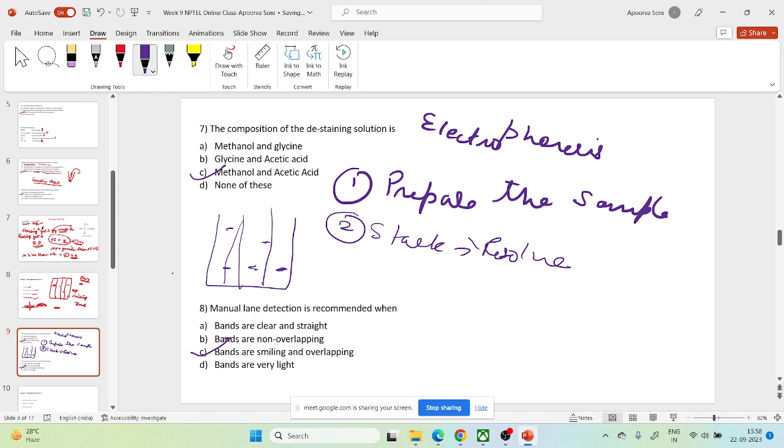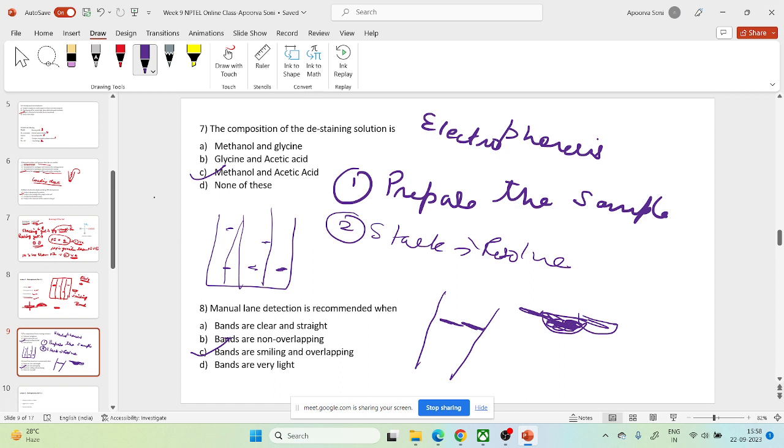But sometimes your bands can be overlapping. Like this is one band and somewhere here it is another band. So the software might not detect this and it might detect it as just one lane. Or if the bands are smiling like this, very thick, and another band is like this, then the software cannot detect the lanes.